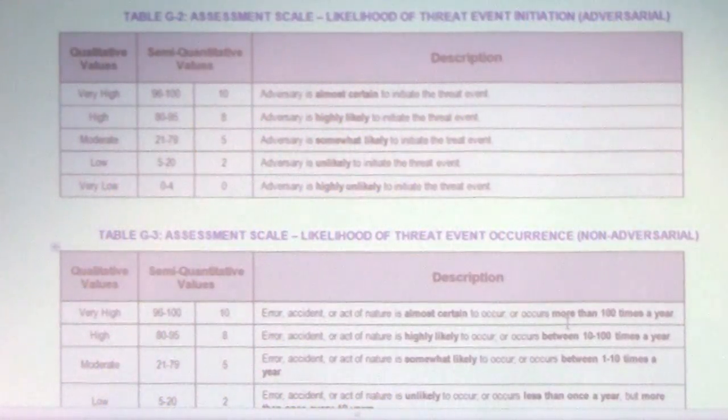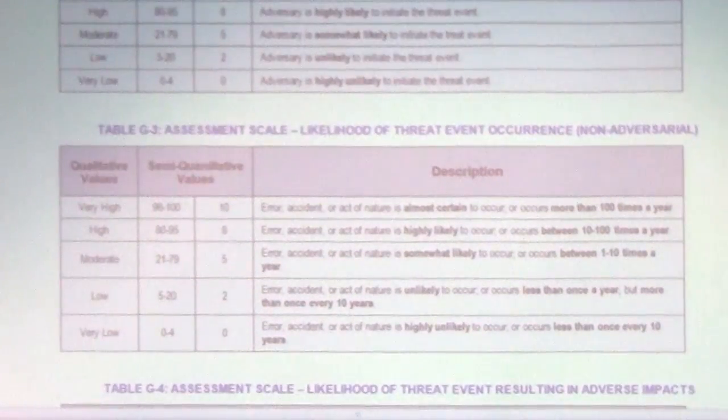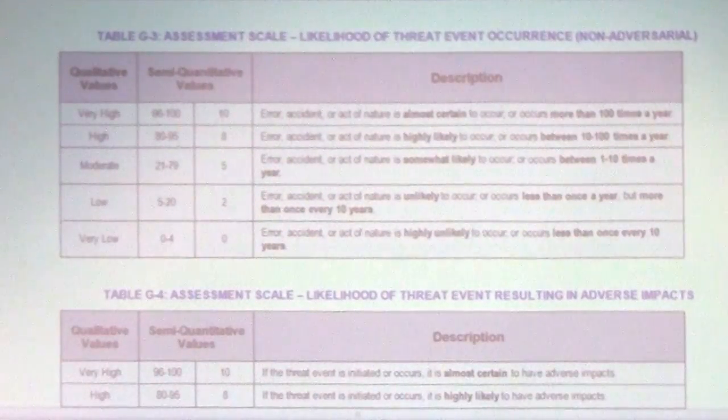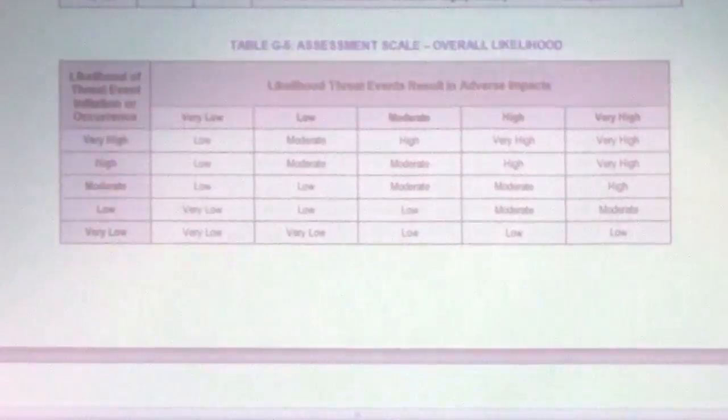So we see that we have different scales and tables here for adversarial and non-adversarial. So be sure you're using the right scale depending on what type of event you're looking at. Look at those tables and decide about the likelihood of occurrence, and enter that into, I guess it must be G6.